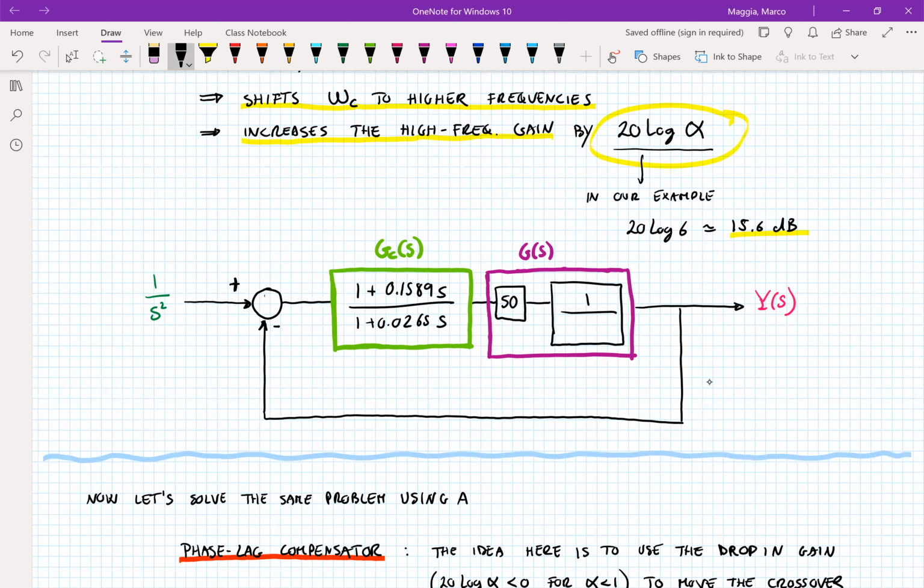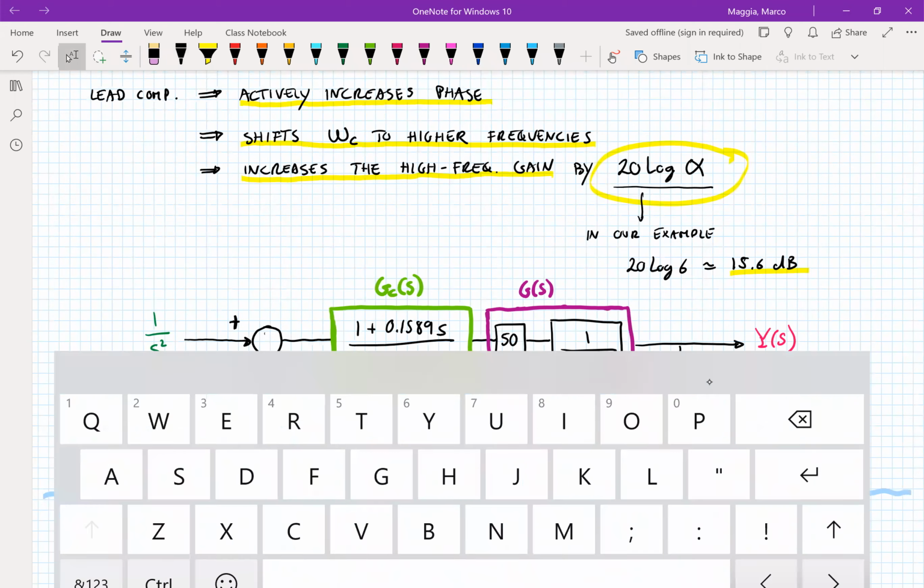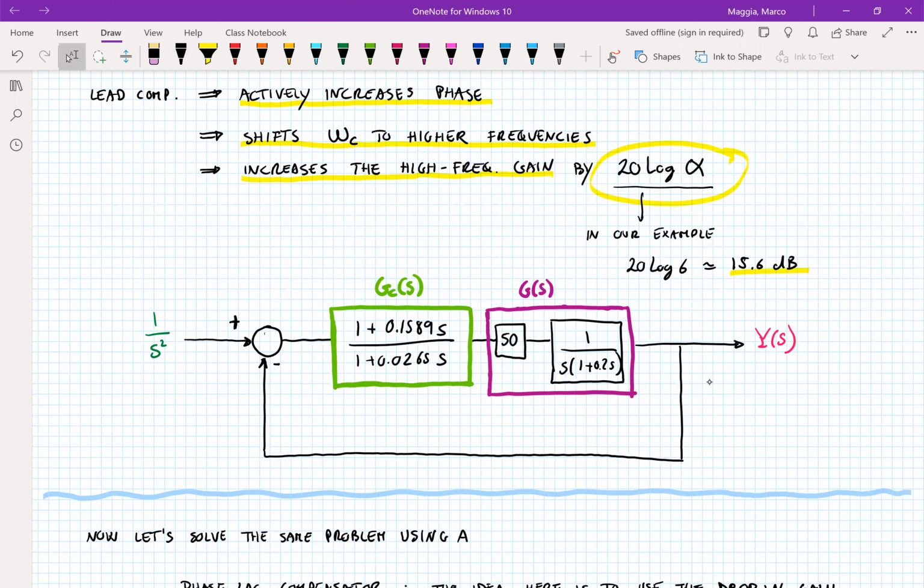And then times the old plant, which was 1 over S times (1 plus 0.2 S). And you can also plot the steady state error for a ramp input, and then you'll see that the steady state error has not been affected.